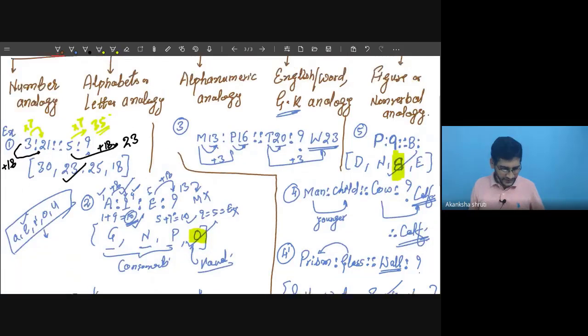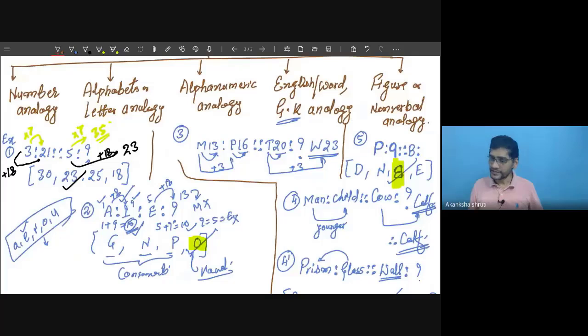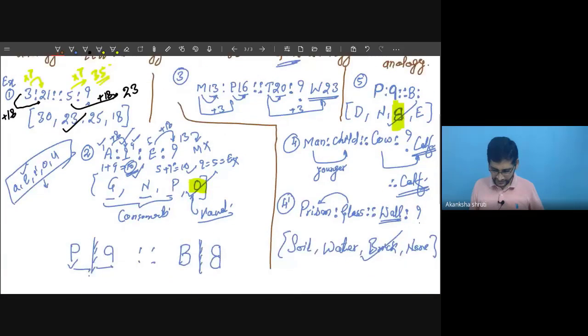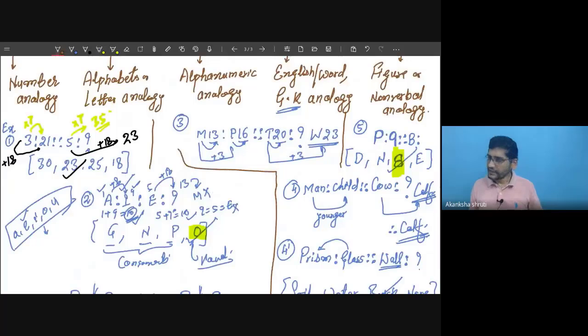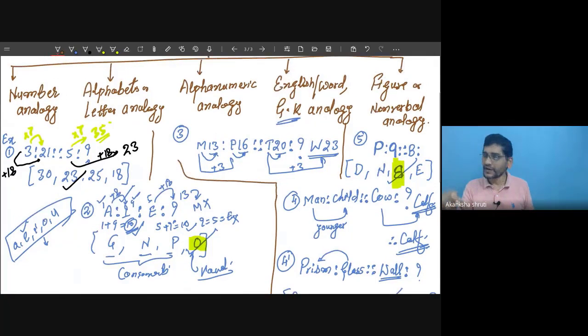Now, among the number series, how to identify the relation? That is the most important thing, means how to solve the question based on this number series. So let us go for number series today. Whatever number series we have learned, the same concept is applied for this number analogy.